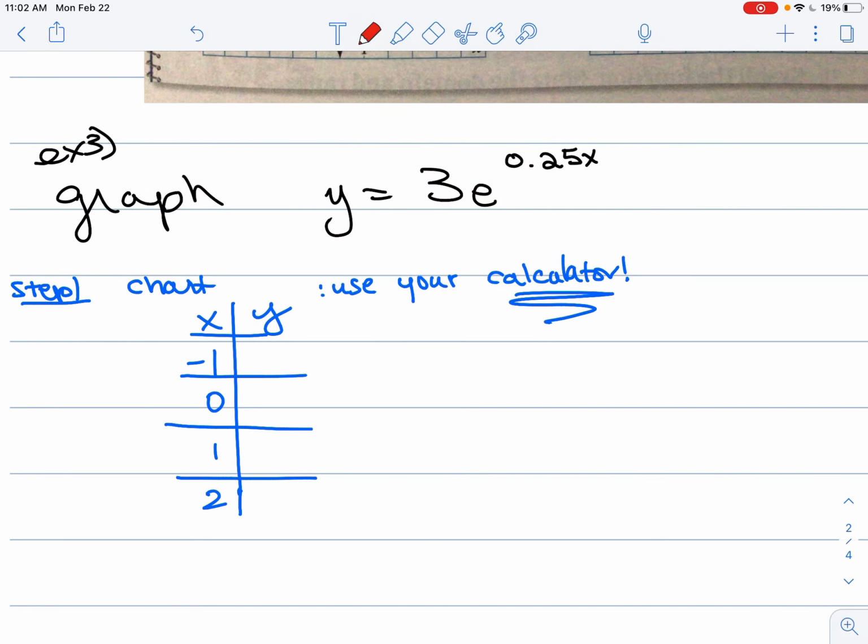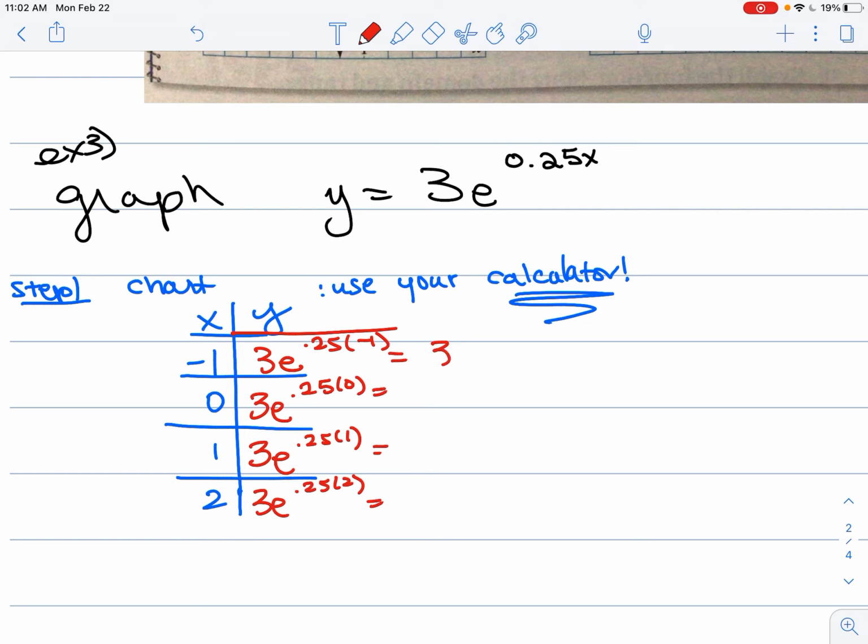I'm going to plug this in, and we're going to say our value for y is 3 times e to the 0.25 times -1. Here's 3e to the 0.25 times 0, 3e to the 0.25 times 1, 3e to the 0.25 times 2. So now we're just going to evaluate each of those numbers in your calculator.